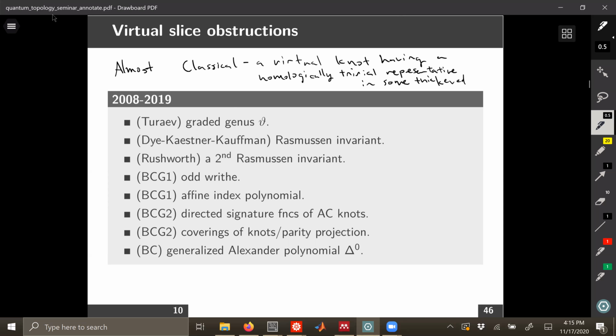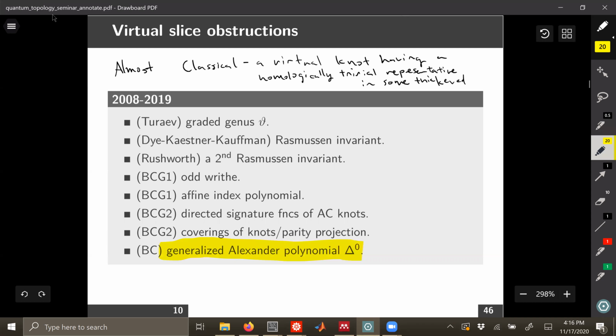And then lastly, we have the generalized Alexander polynomial. So one thing that's useful to point out is that the generalized Alexander polynomial dominates both the odd writhe and the affine index polynomial. And it also dominates the Henrich-Turaev polynomial.